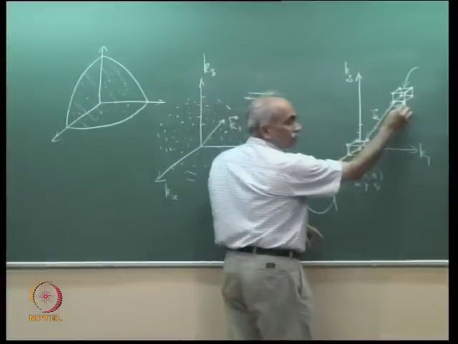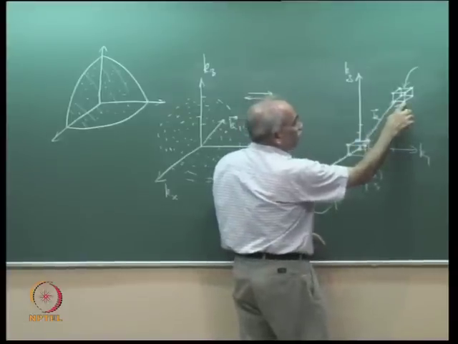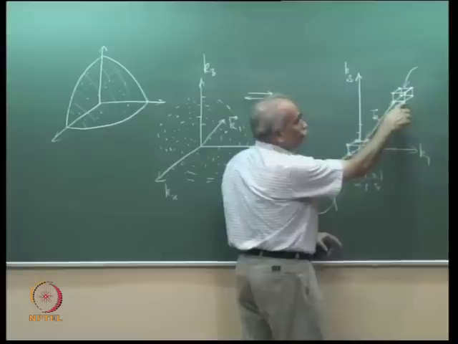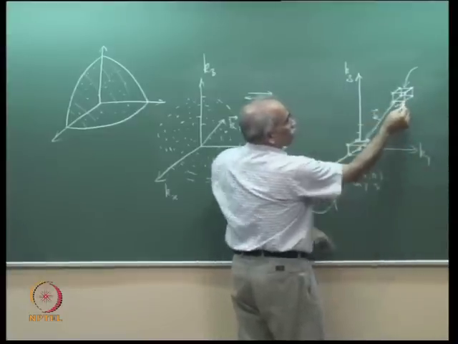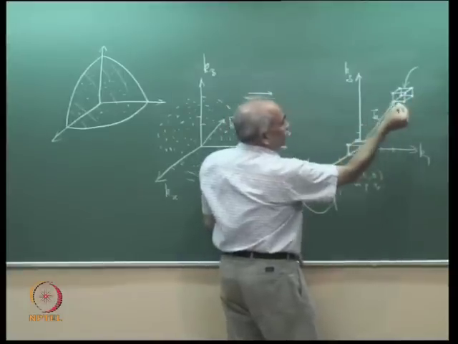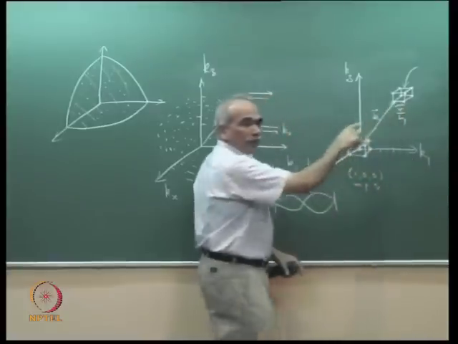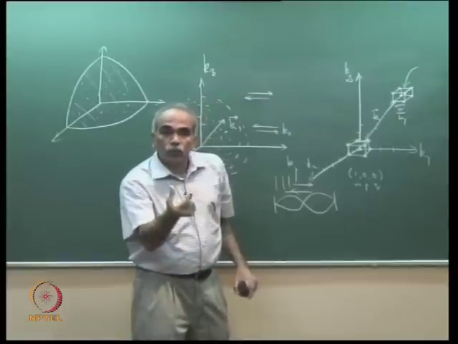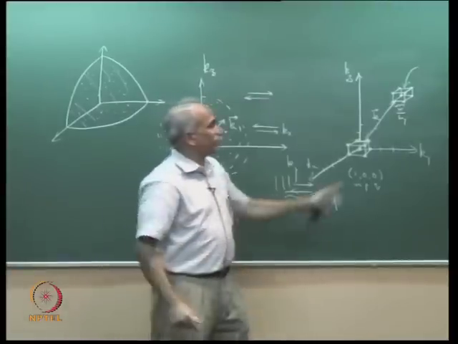One point here is shared by 8 different cubes. One point is shared by, this is one cube. For example, this point is shared by this cube, there is a cube on this side, there is a cube on this side, and 4 cubes below. Assuming that Lx is equal to Ly is equal to Lz, it is a cube.